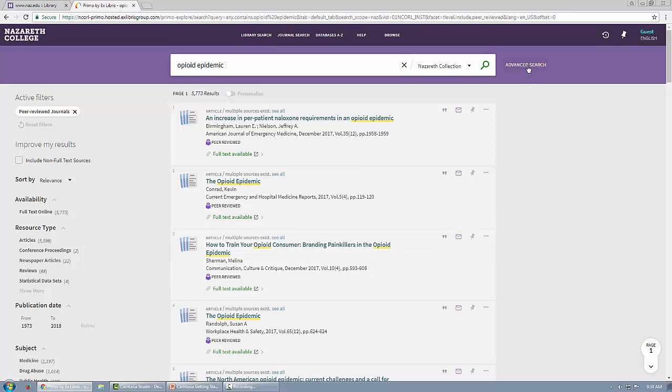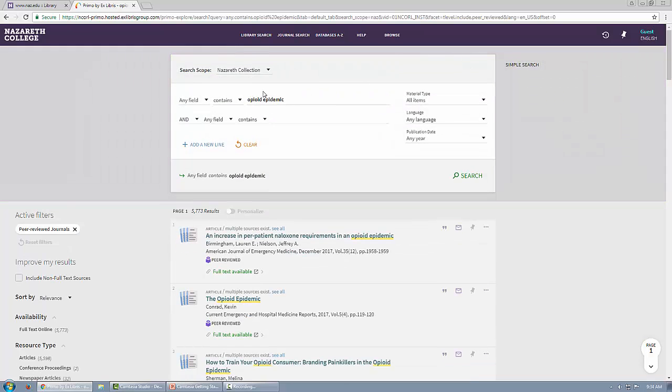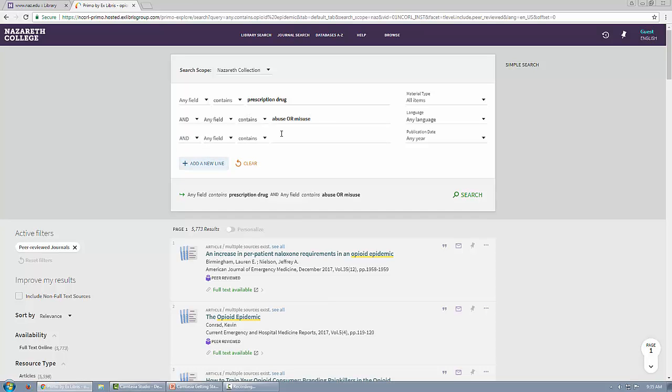So again, I'm going to go to advanced search. And I am going to search for prescription drug, and I'm going to say and abuse or misuse. When I use or, I'm telling the database I will take either of these terms. And I'm going to add one more line and put in opioids.